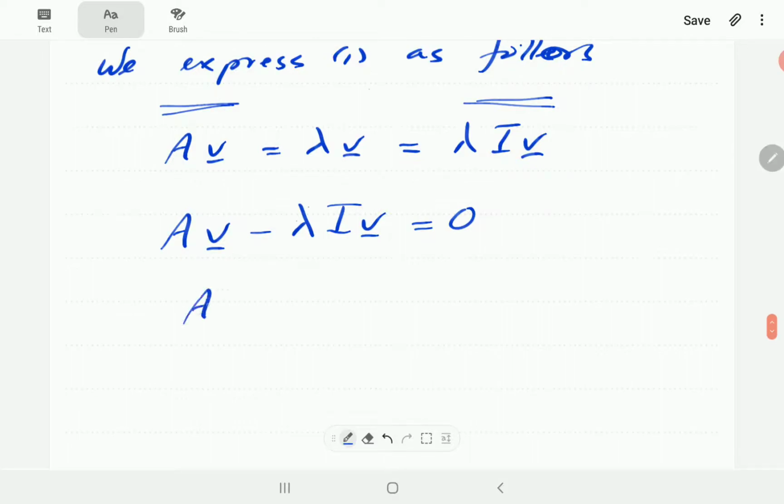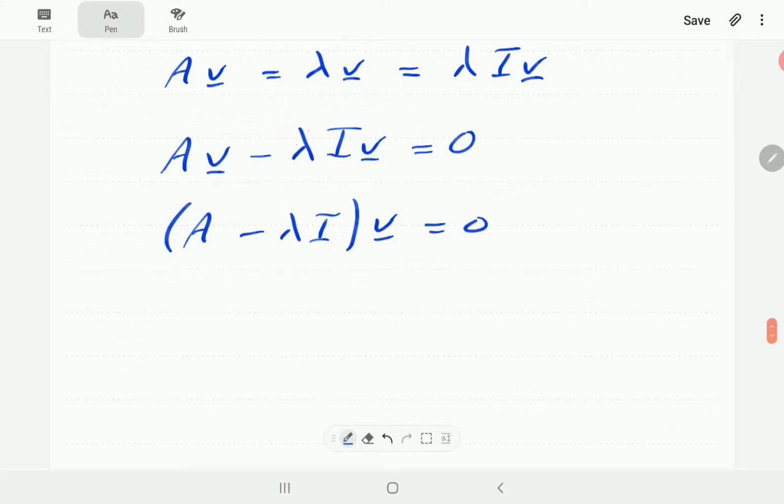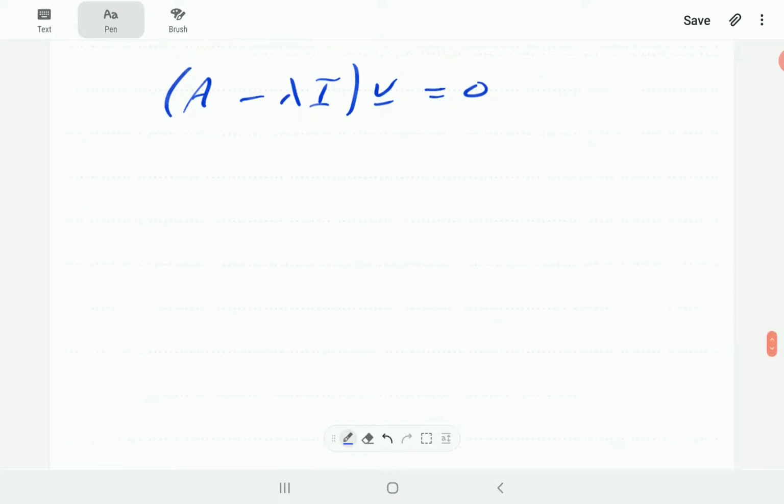Now V is common, so we can factor out V. We get A minus lambda I times V, so there's going to be a system of equations. By the theory of linear algebra, this system has a non-trivial solution only if the following is satisfied.